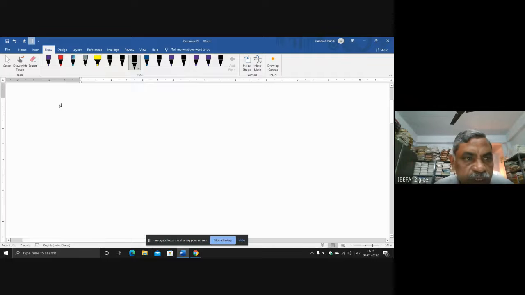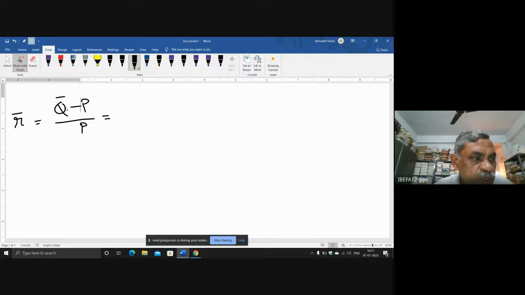Now you write this as Q bar minus P upon P. What is this? This is nothing but your R bar, isn't it? R bar is the expected return. So we had put bars because of that.